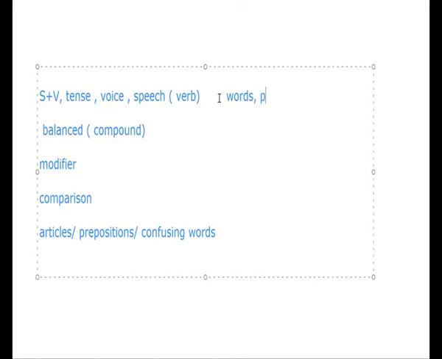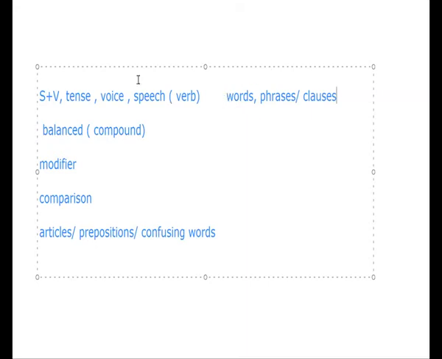Those are called phrases. Then clauses. If you give a sentence, I will divide that sentence into clauses. A clause is divided into phrases. A phrase is divided into words. Right? So I started with the clause, and I haven't started the phrases and words.